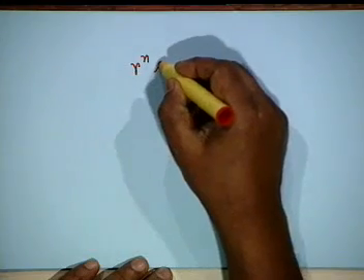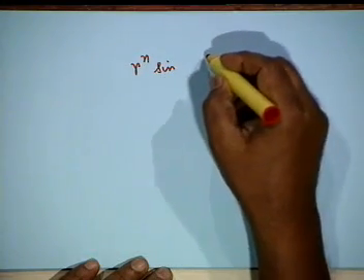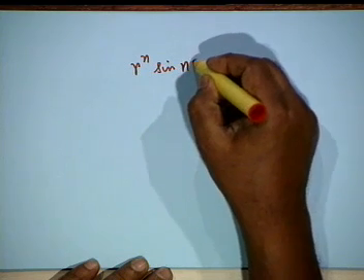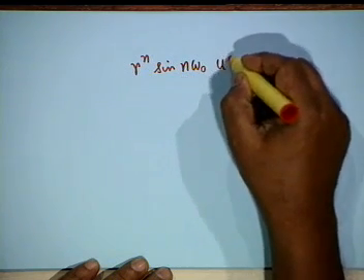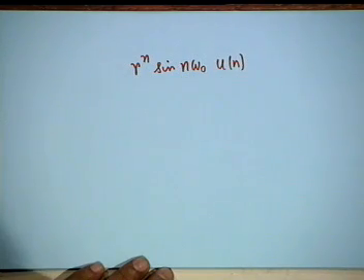As a simple example of application of this table, let us consider we know what the transform of r to the n sine of n omega 0 multiplied by u of n is.